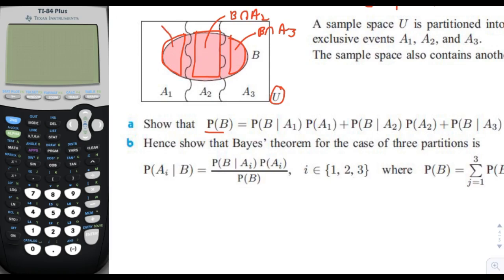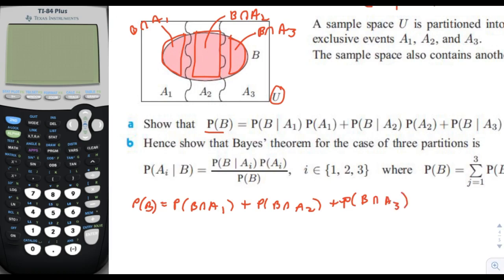And we'll call this part of B here, B intersect A1. So actually the probability of B happening is equal to the probability of B intersect A1 happening plus the probability of B intersect A2 happening plus the probability of B intersect A3 happening, right?